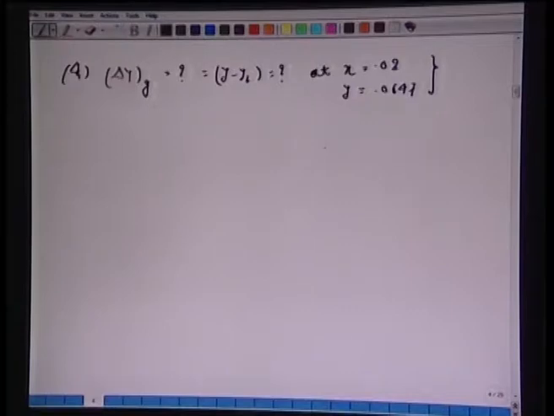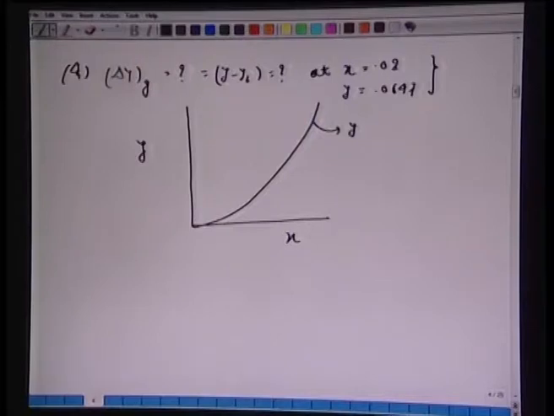Okay. So, if you want to do it graphically, it is a good idea to draw. We have this curve of y equals 2.5 x plus 4.5 x square. So, we draw this curve, and the location where the bulk phase concentration is given as x equal 0.02 and y equal 0.0647. So, this is the coordinate of x and y.